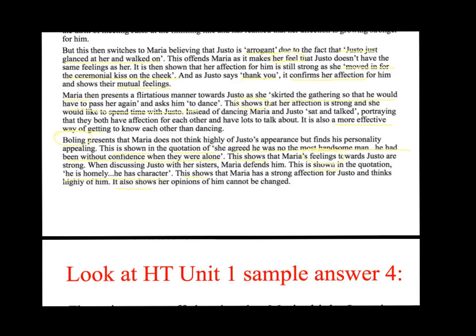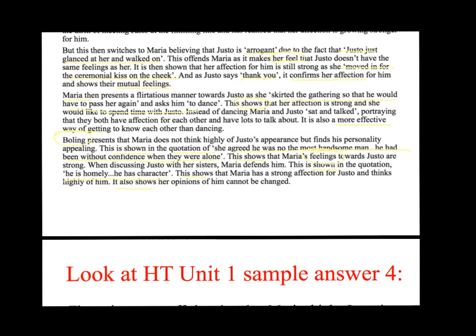This offends Maria as it makes her feel that Justo doesn't have the same feelings as her. It is then shown that her affection for him is still strong as she moved into the ceremonial kiss on the cheek, and as Justo says thank you, it confirms her affection for him and shows their mutual feelings. Maria then presents a flirtatious manner towards Justo as she skirted the gathering so that he would have to pass her again, and asks him to dance.